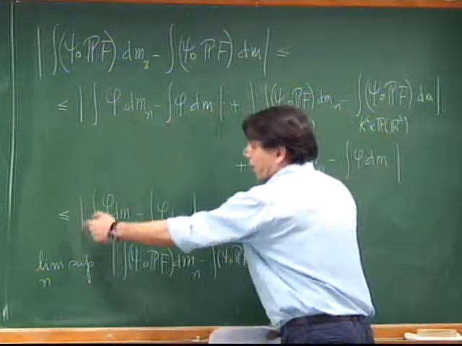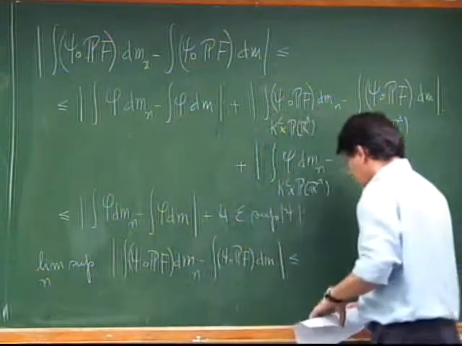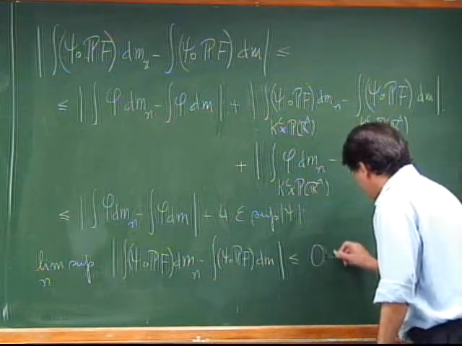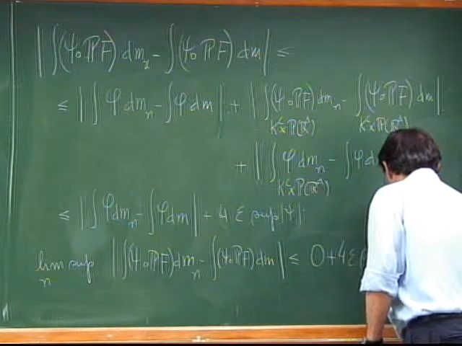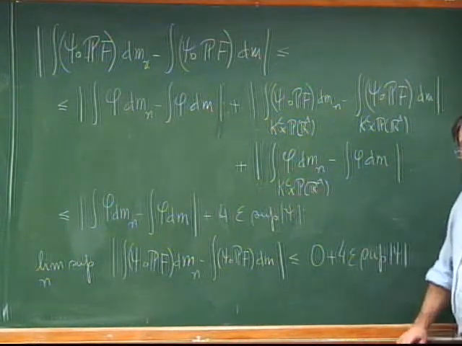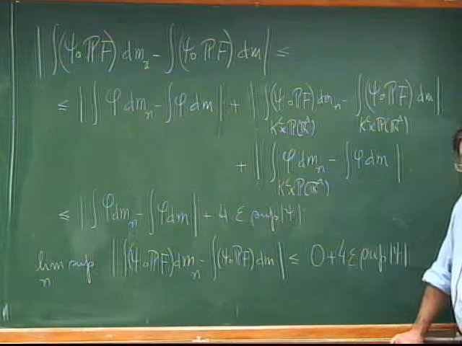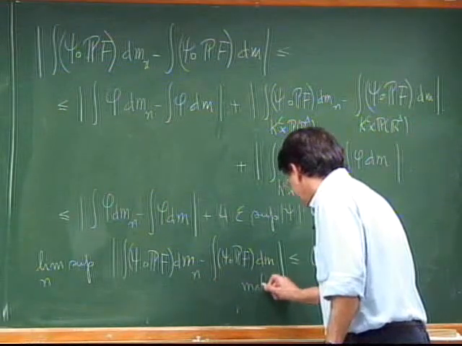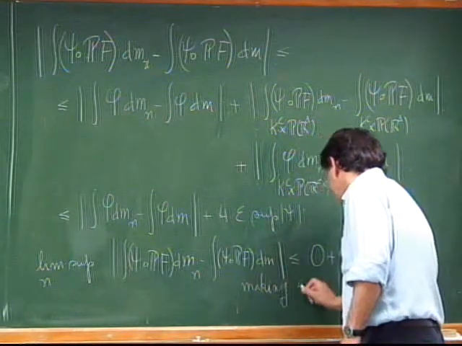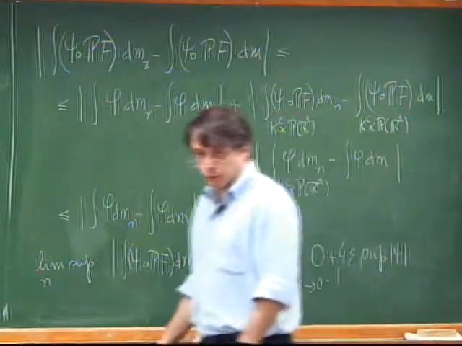Now, this limit is 0 because phi is a continuous function and mn is converging to m. So less or equal than 0 plus 4 epsilon supremum of psi. And now if I make epsilon go to 0, we get that this limit is equal to 0, which is what we wanted to prove.